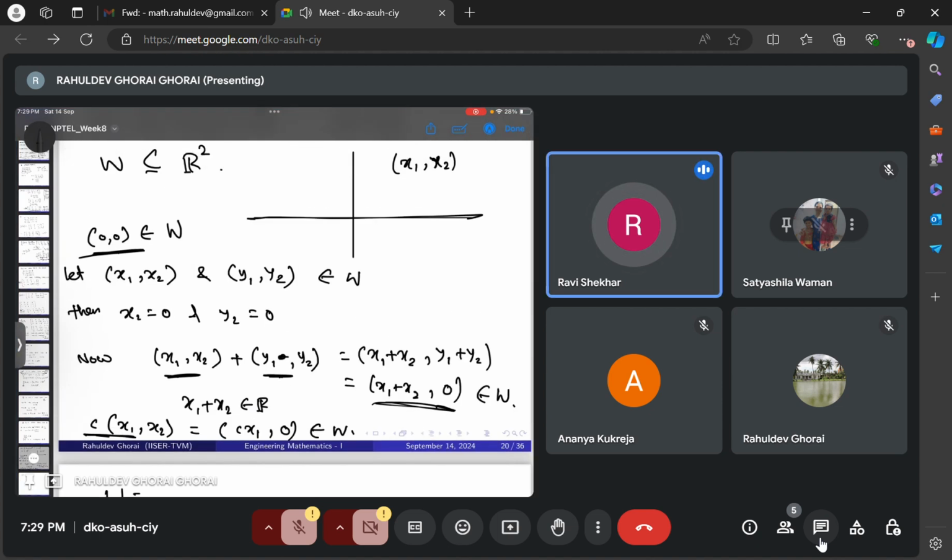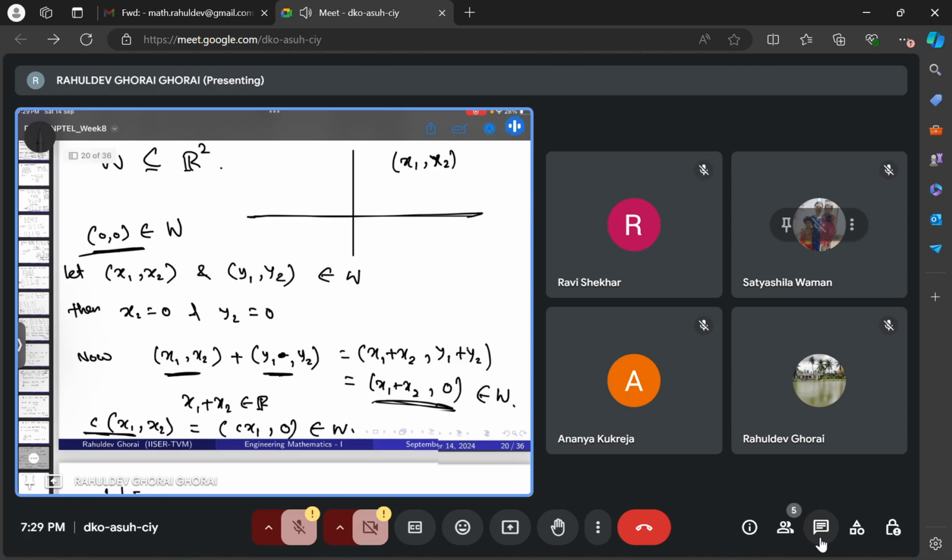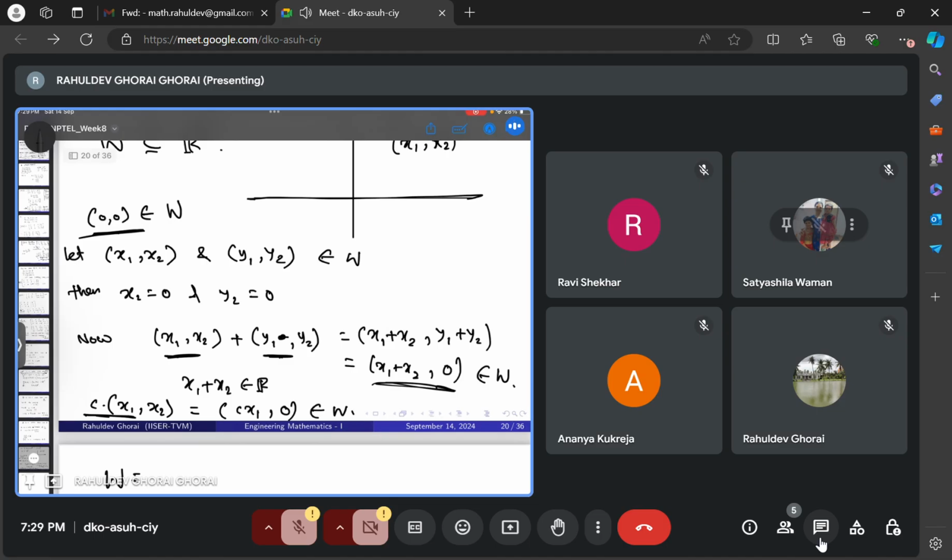Yes, sir. With respect to the operation plus? Operation plus, addition. I'm not going into very much detail here. Of course, here the operation is plus, and another operation is scalar multiplication, right?